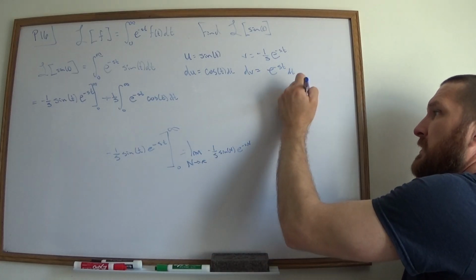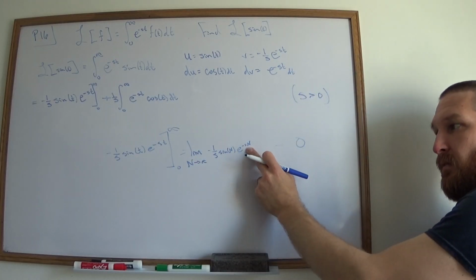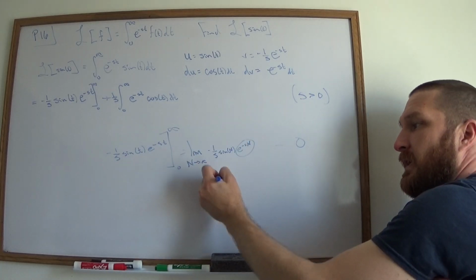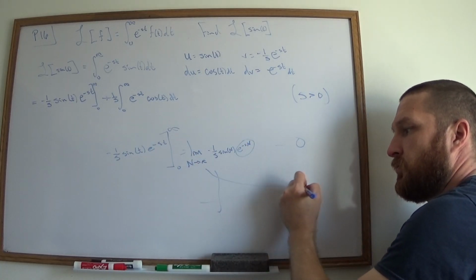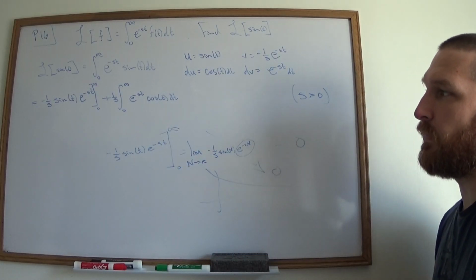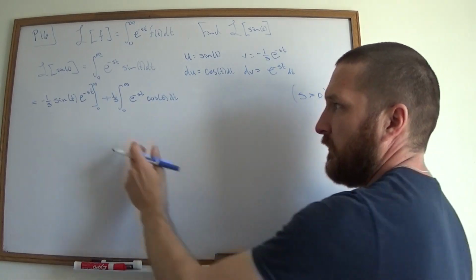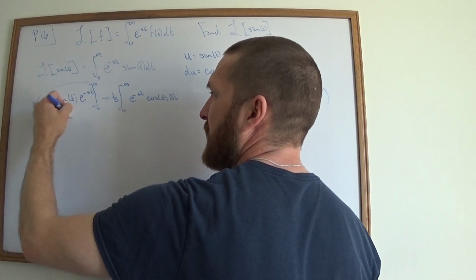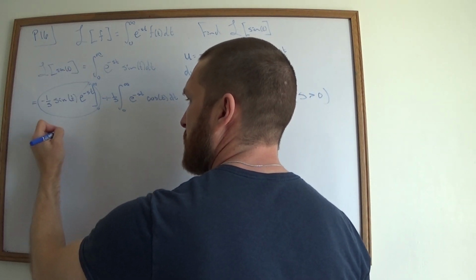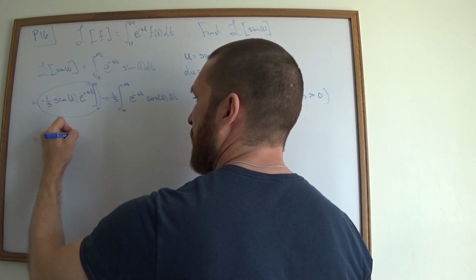So when s is positive, then negative s is negative. And taking n going to positive infinity, this thing right here will go down to 0. And so that should go to 0 in both cases. And so we could replace this whole thing right here with a big fat 0.